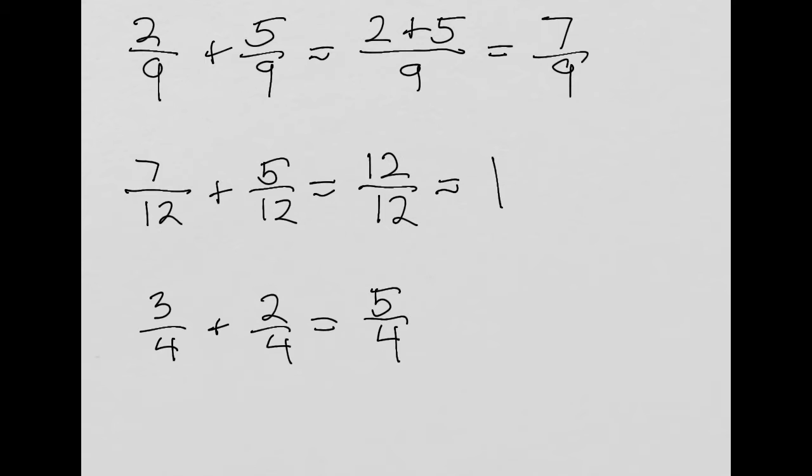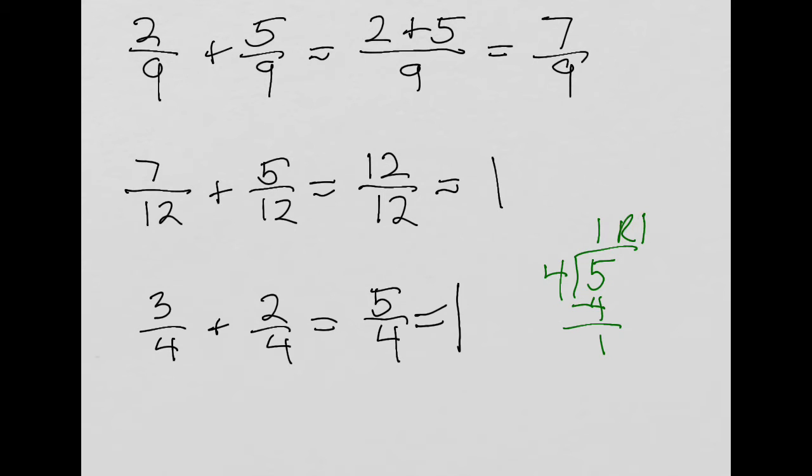If I want to make a mixed number out of this, it becomes a division problem. I have 5 divided by 4, and instead of doing decimal division, I use the remainder like you did when you first learned how to do division. So the 1 that is the answer right here becomes the whole number of my mixed number.